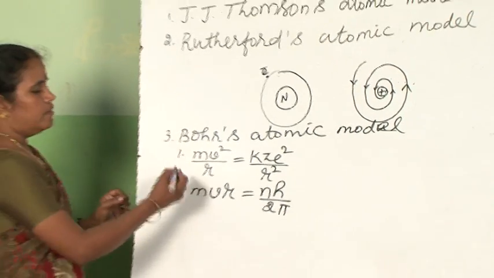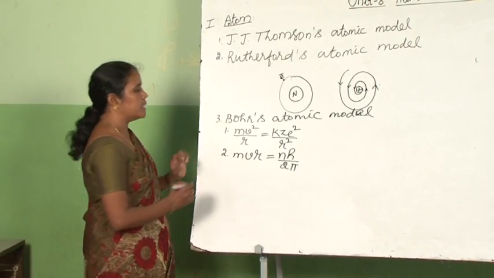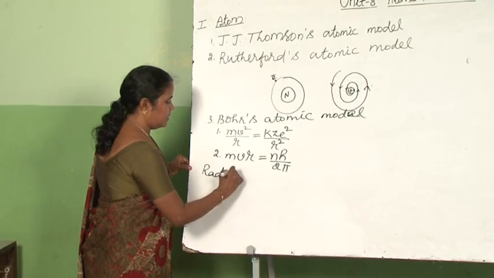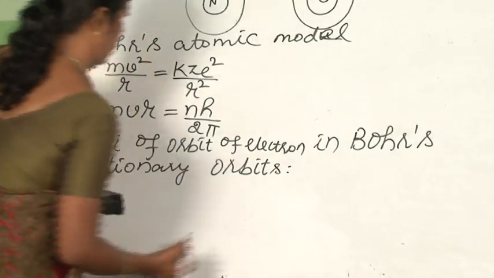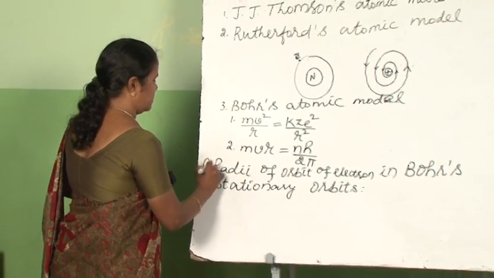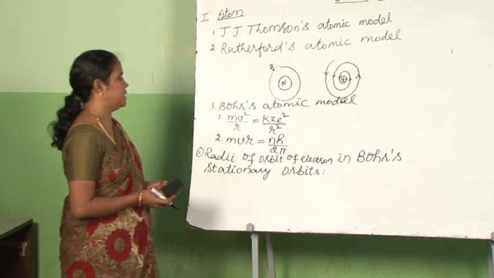Now we will derive the radii of electron orbits in Bohr's stationary orbits. First, we will derive the expression for the radii of orbits of the electron in Bohr's stationary orbits.